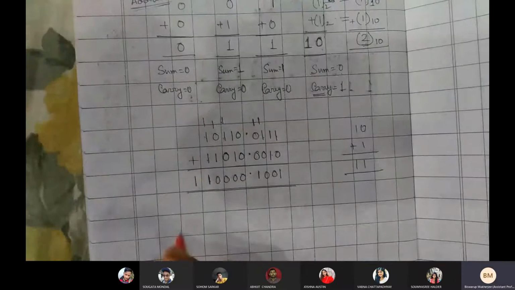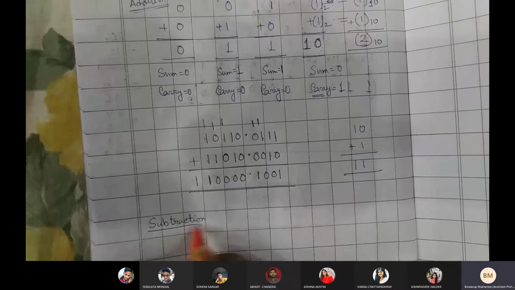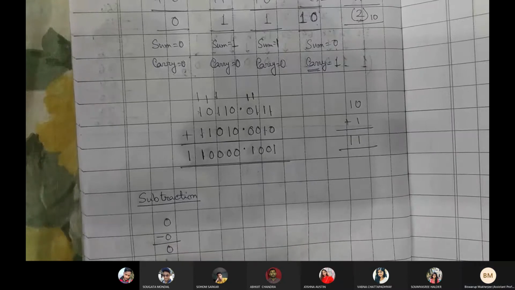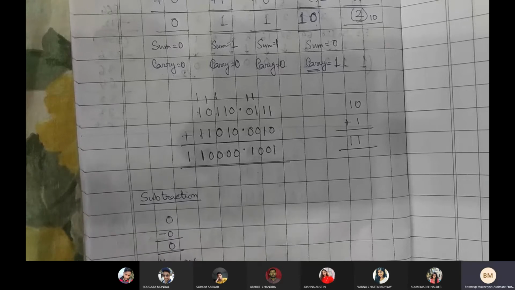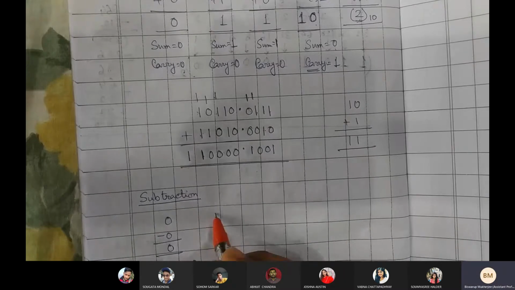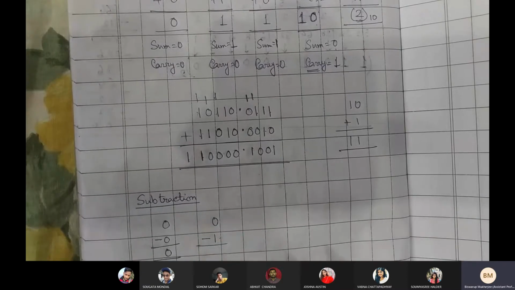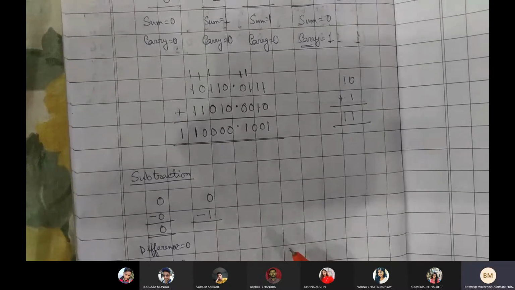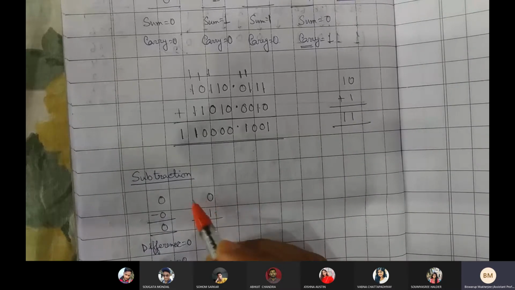Let me come to the next one, that is subtraction. For subtraction, again the same thing. 0 minus 0 is 0, so difference is 0 and borrow is also 0. 0 minus 1: obviously this term is greater than this one, so we need to borrow from its previous value, right?